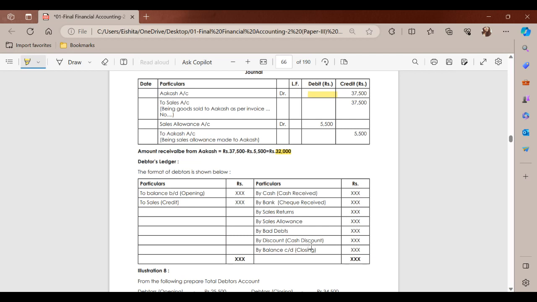I will show it on the debit side, and the credit side will have the cash, the bank, sales return, sales allowances, bad debts, discount, and the closing balance is also mentioned in the debtors ledger. So opening and closing are a must, but in between you will have the following transactions.